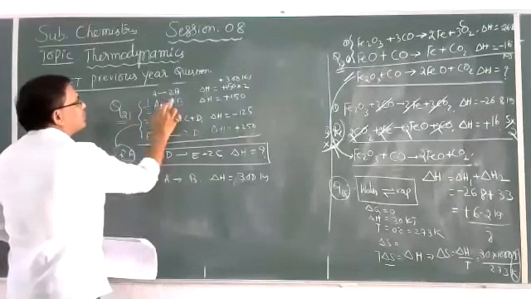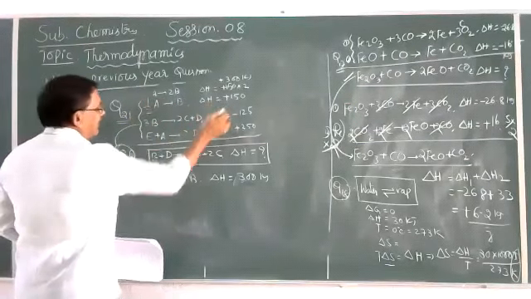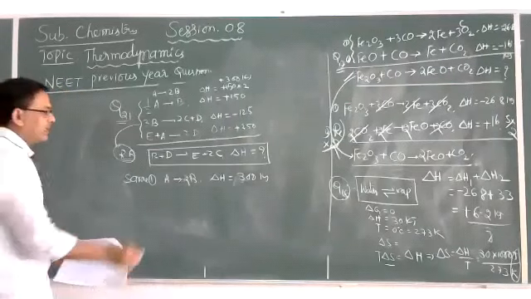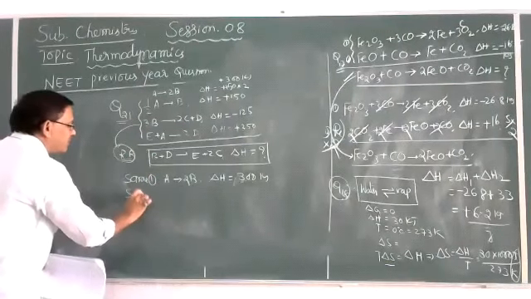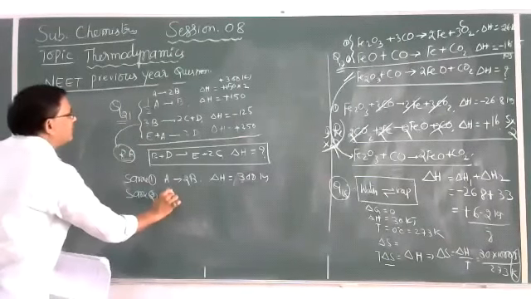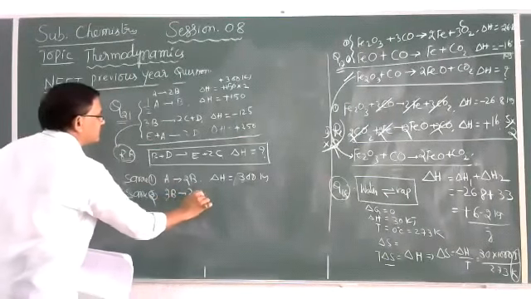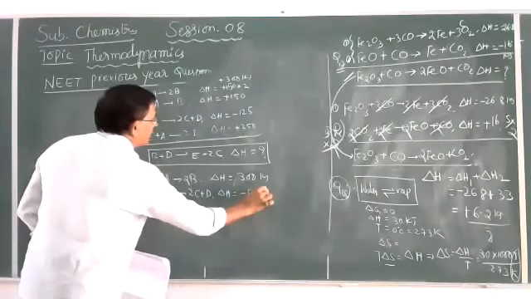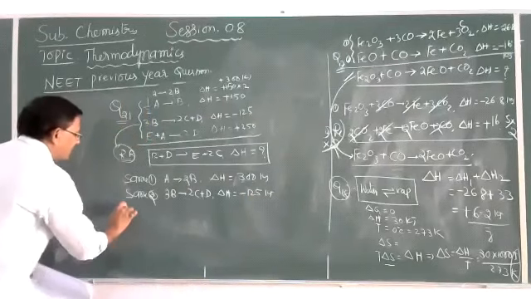Multiplying by 2 gets it cancelled. Then equation 2 also, that is 3B gives 2C plus D, delta H is equals to minus 125 kilojoules per mole.